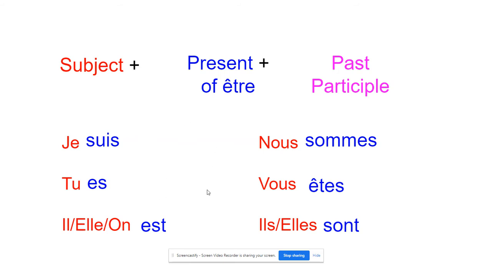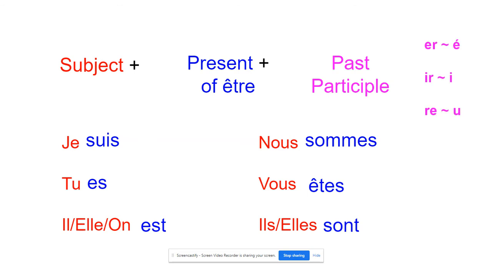All right, so if you have this down and you are comfortable with this, you are halfway there. So the third part is the past participle, right? So first you're going to have your subject, the present of être, and you're going to add your past participle. For the most part, the past participles get formed the same way as we learned in the past, right?